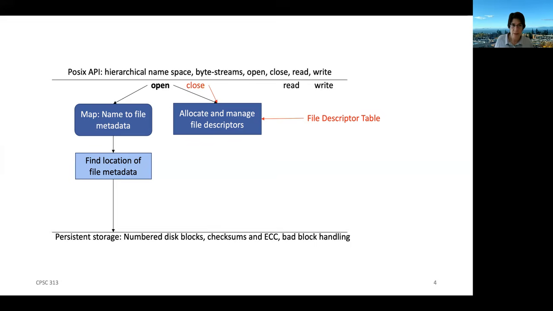Now let's look at read and write. Read and write get a file descriptor. So it should be pretty clear that the first thing they're going to have to do is go and access the file descriptor table with those file descriptors. But then what? I get a file descriptor, I go to the descriptor table.